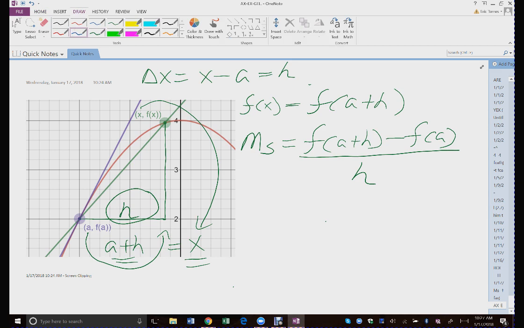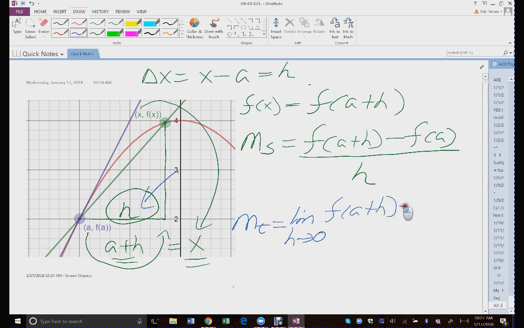That's my purple line. So the slope of the tangent line is going to be that limit as that distance gets smaller between the second point and the first point, but that distance, we said, is h. So as h gets smaller, which means approaches 0, the two points are coming closer and closer to each other. And this is my second limit definition of a slope of a tangent line from the secant line.